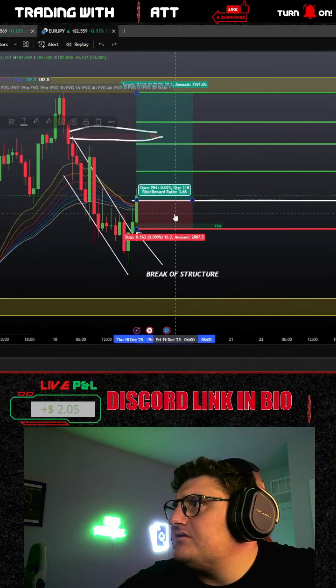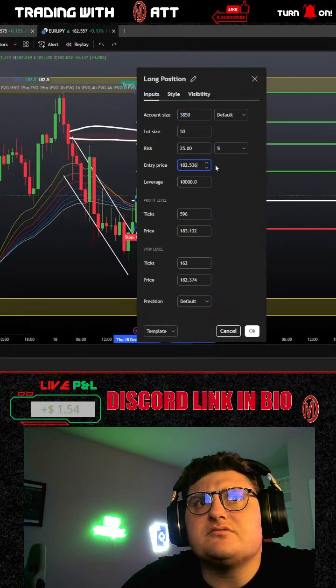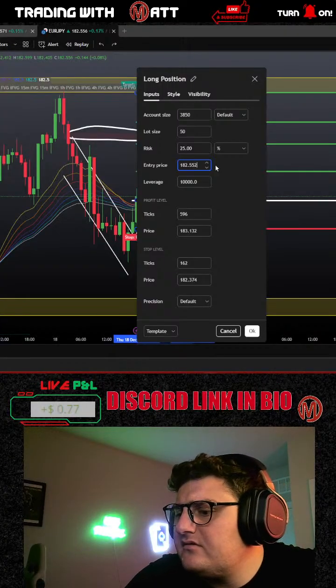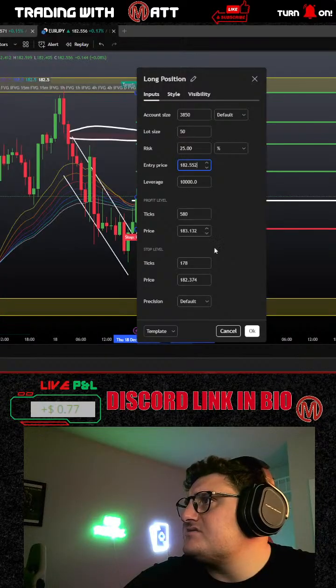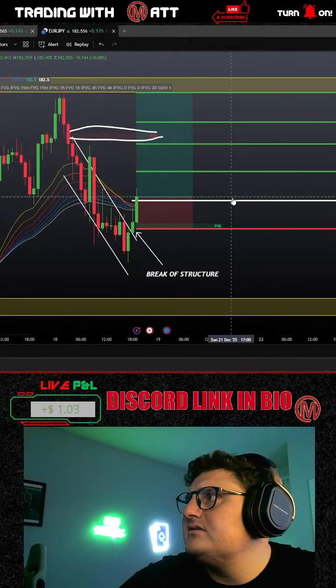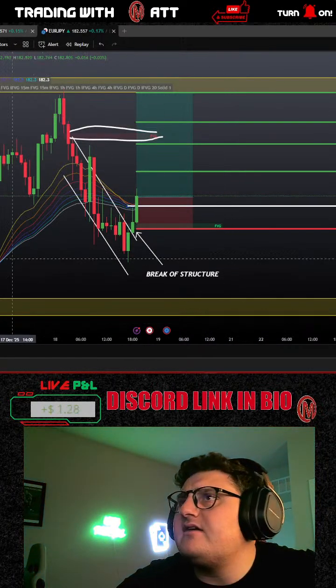What we're actually going to do is accurately put this. So my entry price on my broker was 182.5520. That'll give us a more accurate entry price so we can really see where it's at. But any sort of retracement is typically always halfway down the candle.